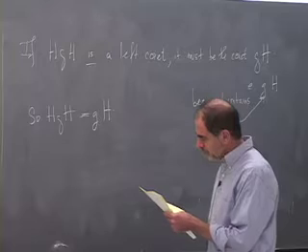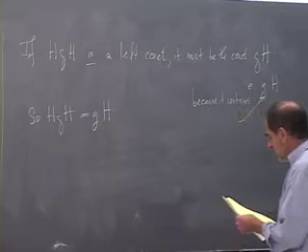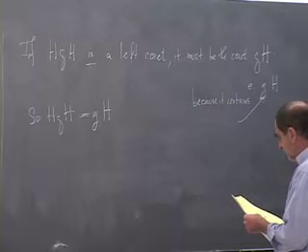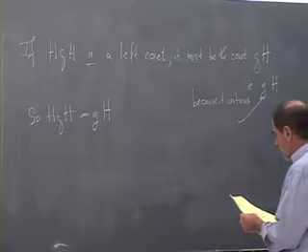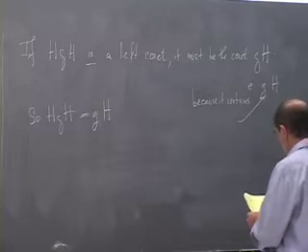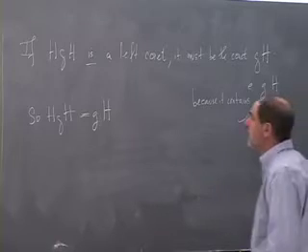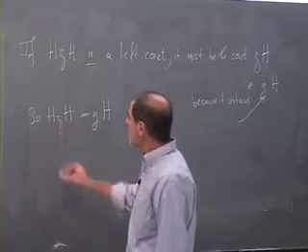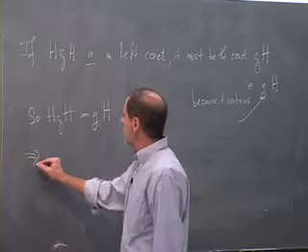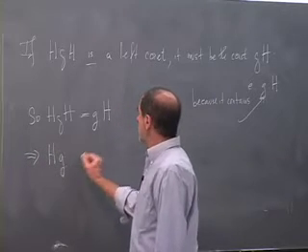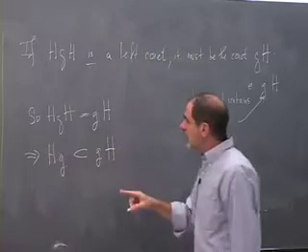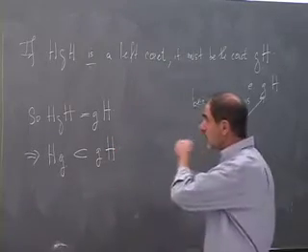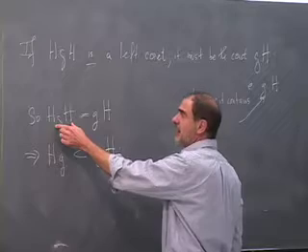Now, what this means, I claim, is that if you take this right coset, this implies that H times G is actually contained in GH, because this is a subset of this.